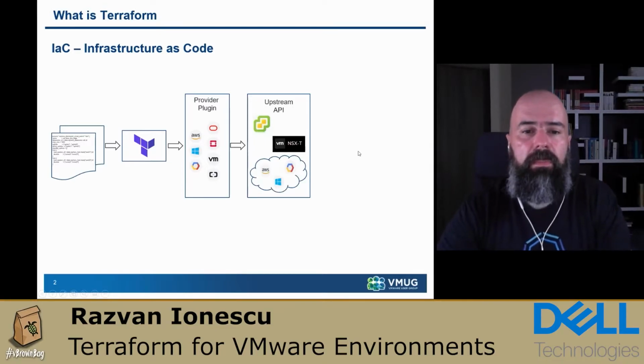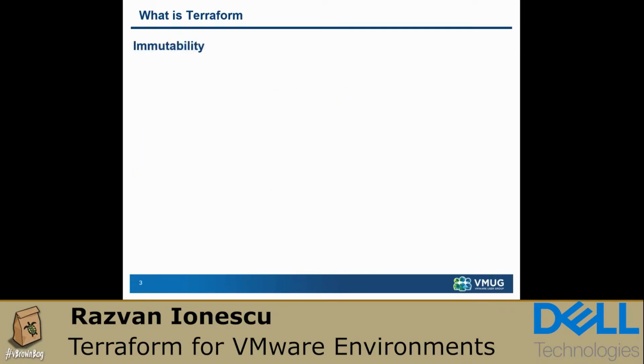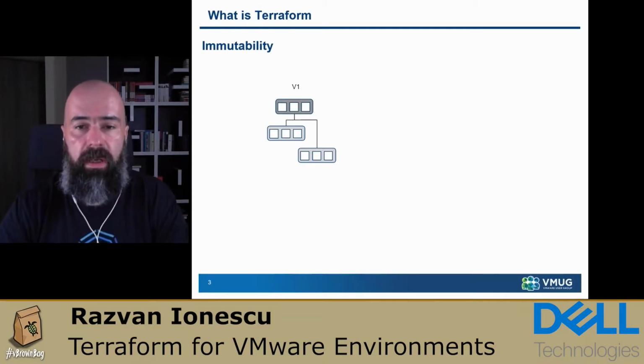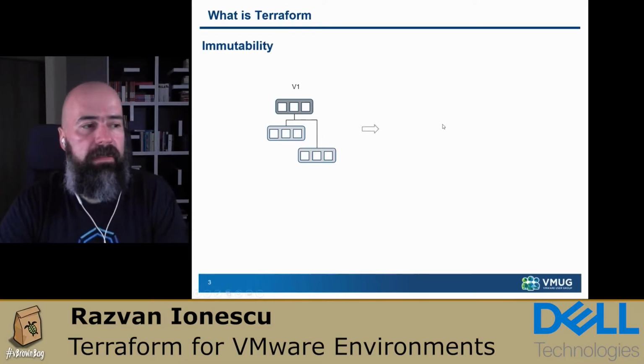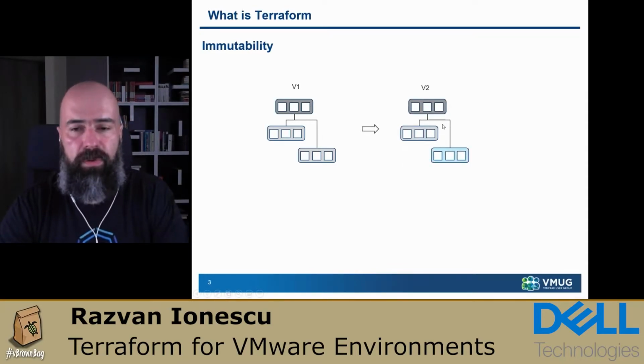One of the core concepts that is brought in by Terraform is the immutability of the infrastructure. This means that once an artifact has been created, during its life cycle, it will never be updated in place. The only way to go from one state to another is by actually replacing that version of the artifact with the new version.